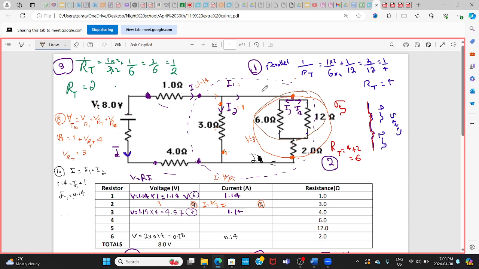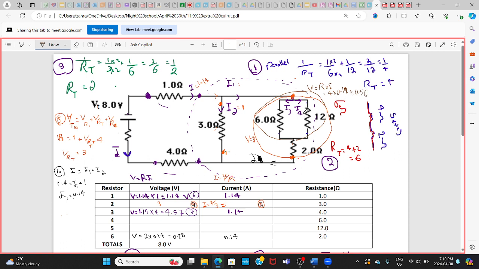And I know the current coming is I, right? So I can find the voltage here. Voltage is Ri. The R is 4. I is what? 0.14. 0.56.